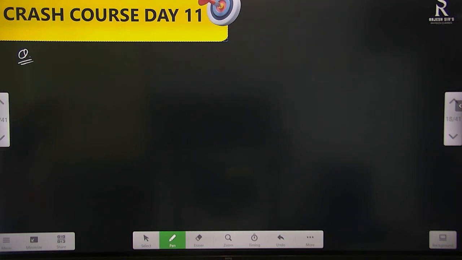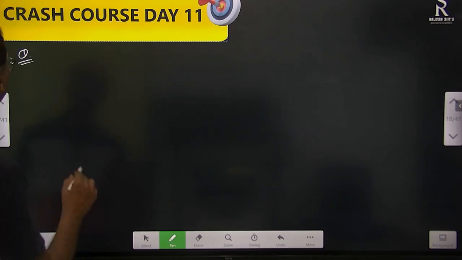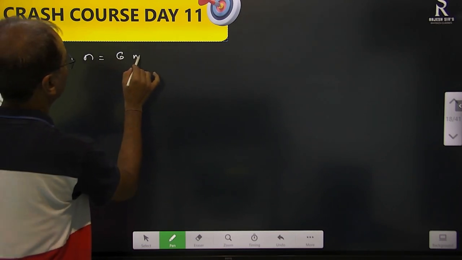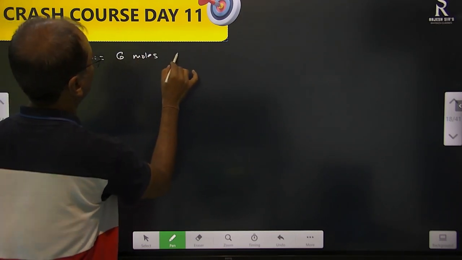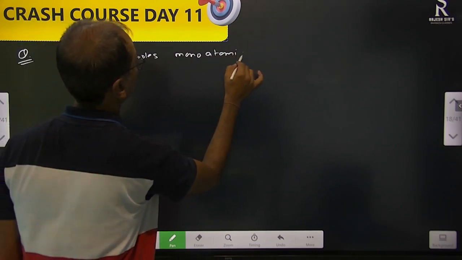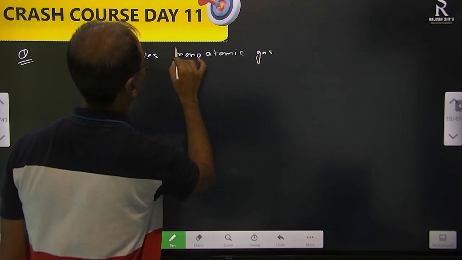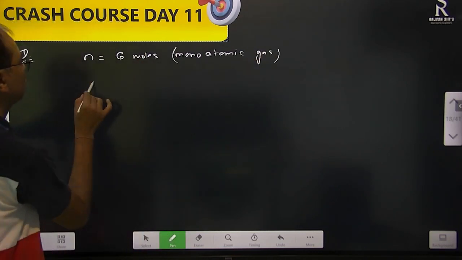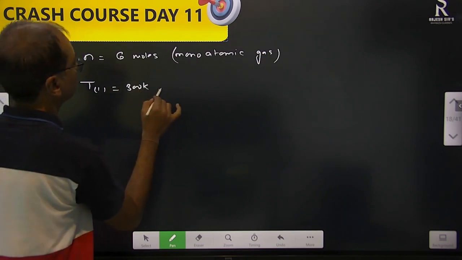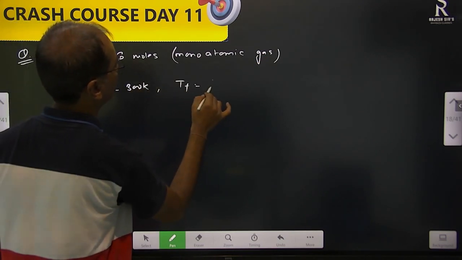Suppose now I am making one question. It says the number of moles is 6 moles of a monoatomic gas, initial temperature is 300 Kelvin, and final temperature you make as 400 Kelvin.